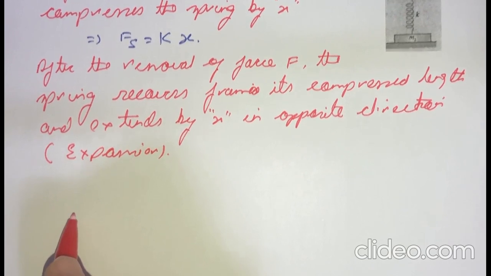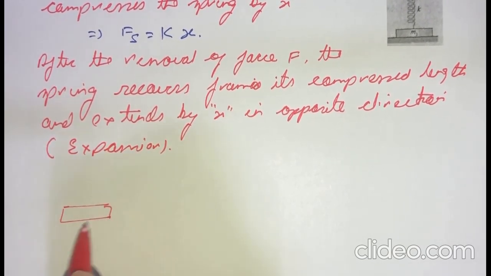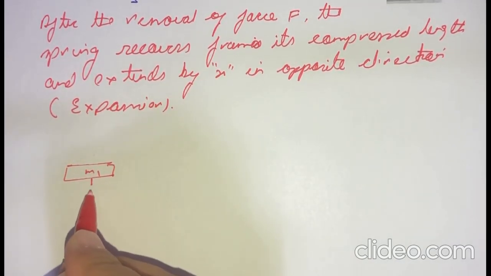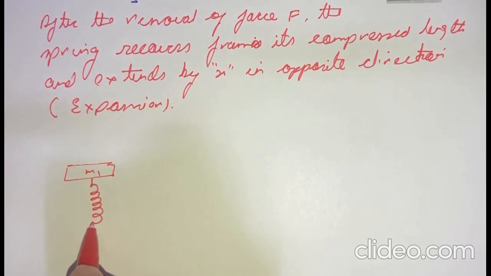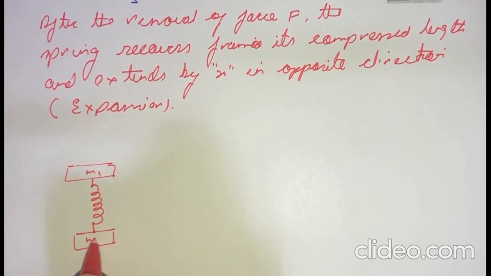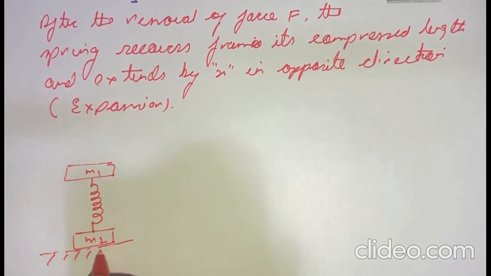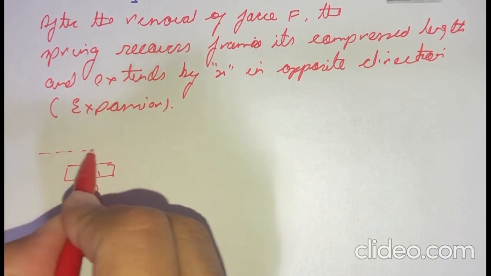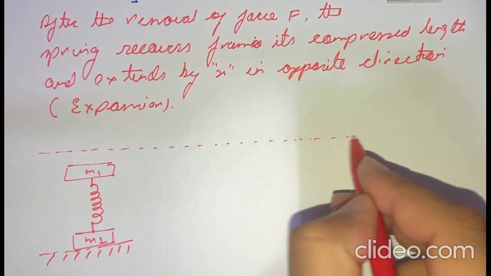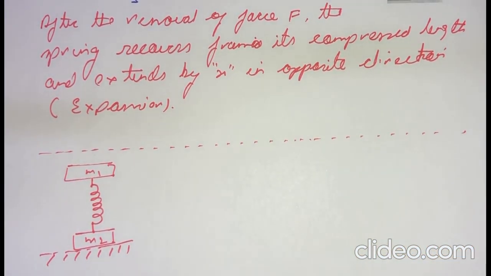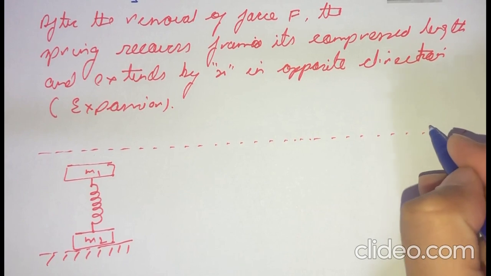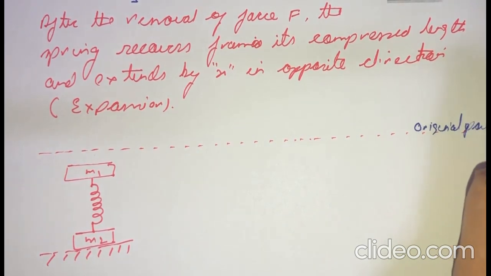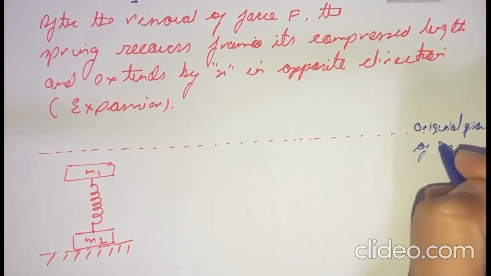So we have applied the force F. This is M1 and this is our M2, and it is on the table, and this is the original position of the spring mass M1.